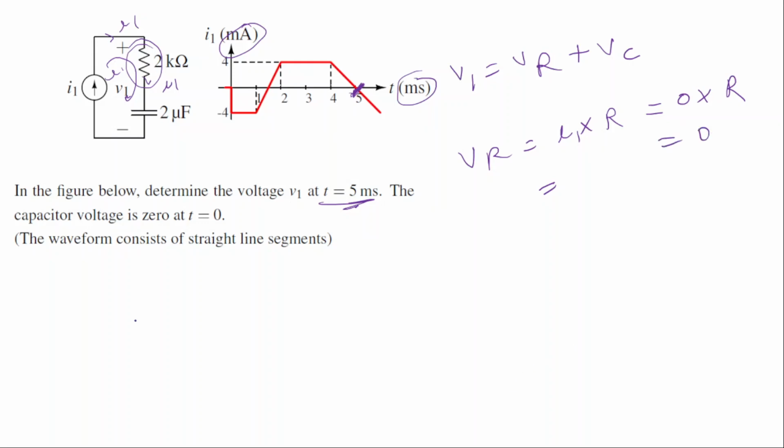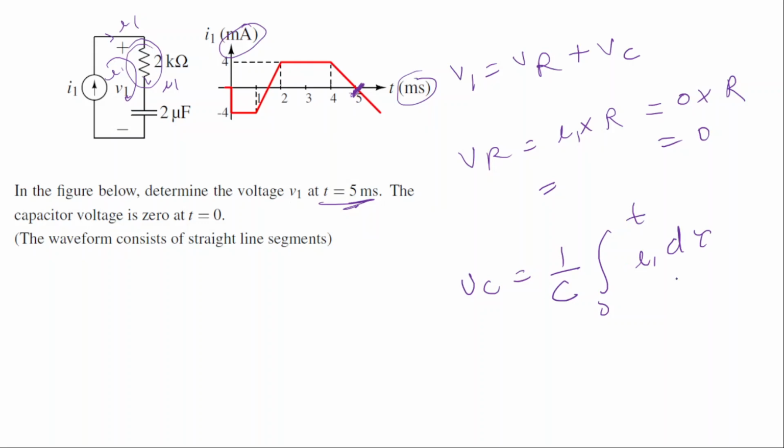Now to calculate the voltage across C, as we have seen in the previous part, we can calculate the voltage across C as Vc equals 1 by C integral 0 to t of I1 d tau.